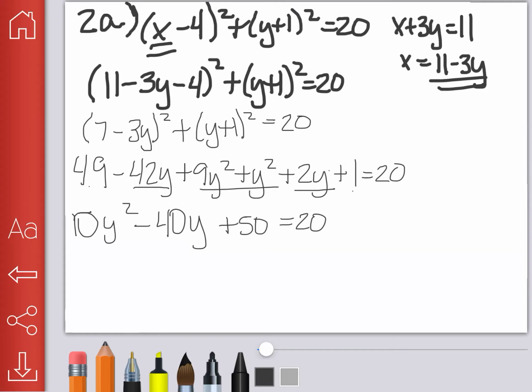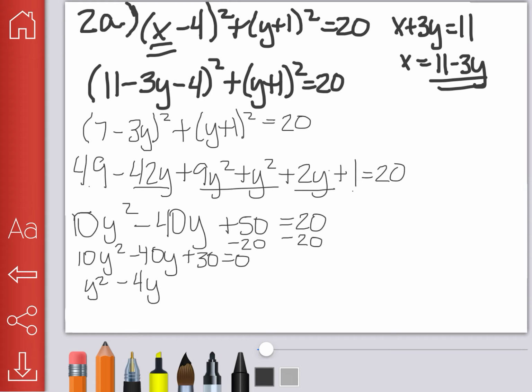Now, it's a quadratic. We need to get it into standard form. I'm going to subtract 20 from both sides. So 10y squared minus 40y plus 30 equals 0. I can divide every single term by a 10. So I have y squared minus 4y plus 3 equals 0.